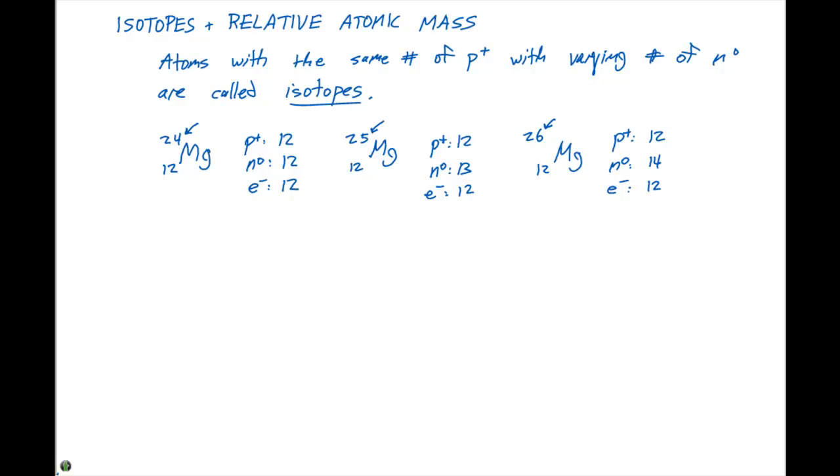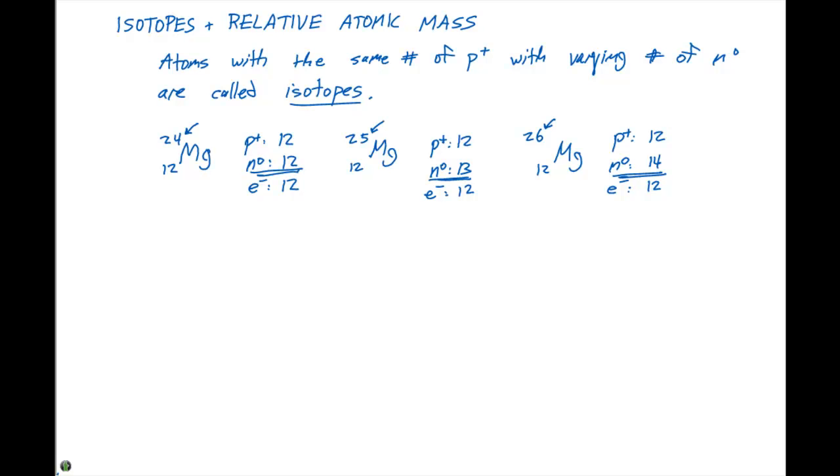And since the mass number is increasing by 1, if it's magnesium, we cannot change the number of protons, because remember, the number of protons characterizes which element or atom we're talking about. So as we go across this series, we're increasing the number of neutrons by 1, and that's why the mass number is increasing.